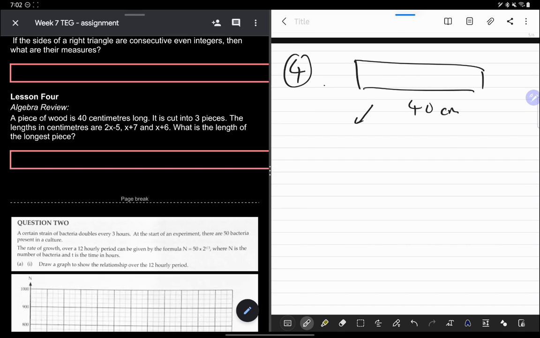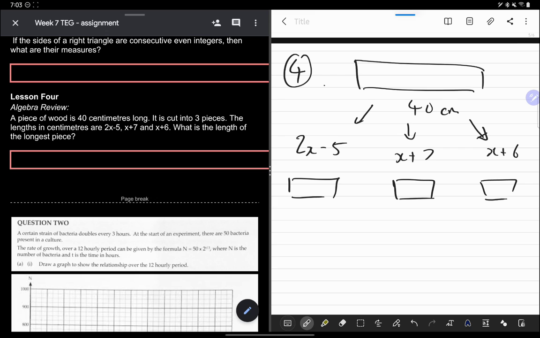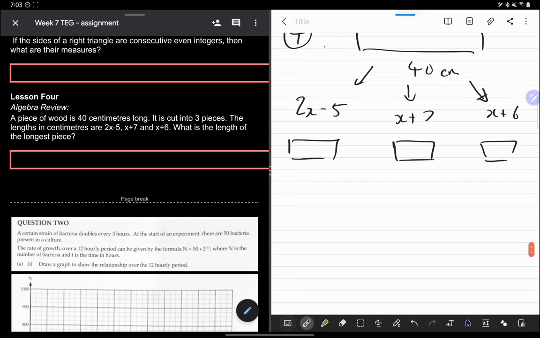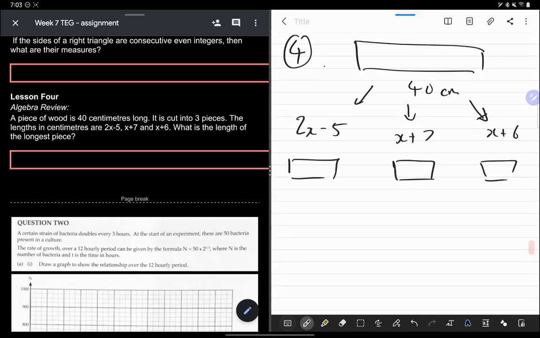I'm not sure if this is the longest one or the shortest one, but it doesn't really matter the order. 3 separate pieces. What is the length of the longest piece?